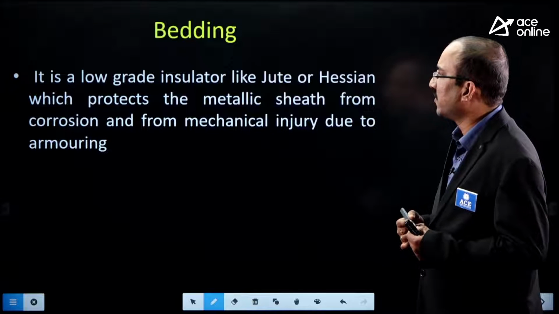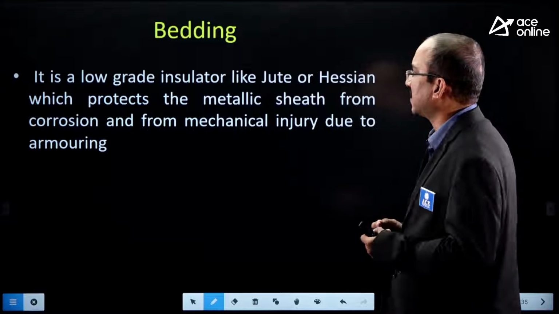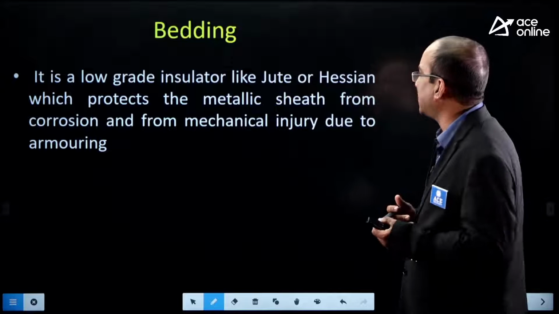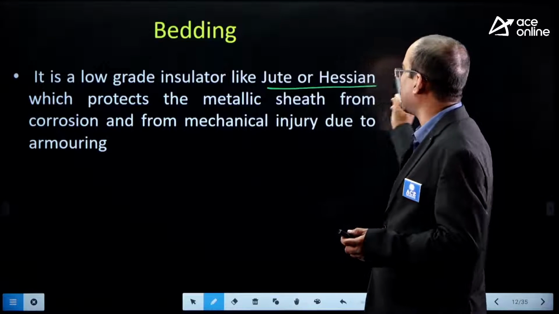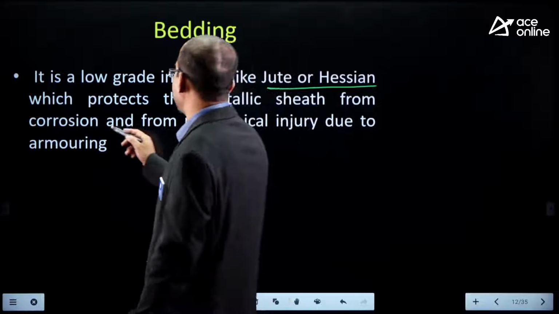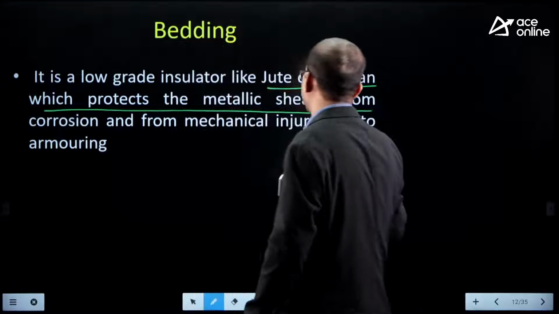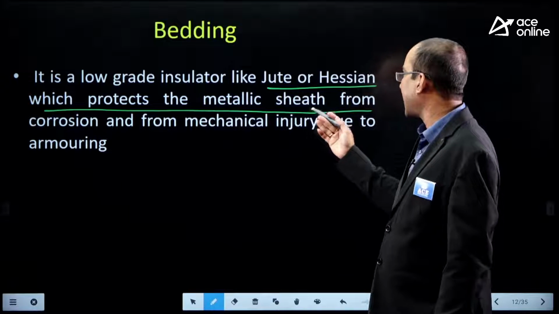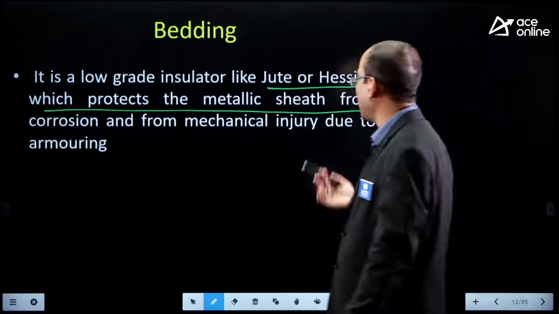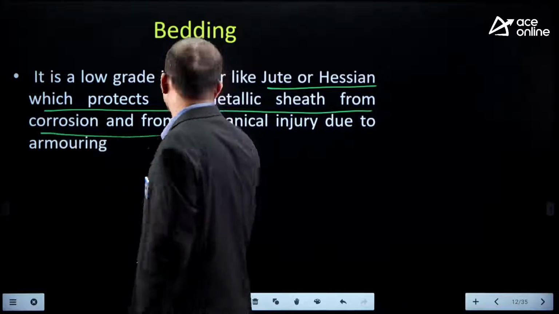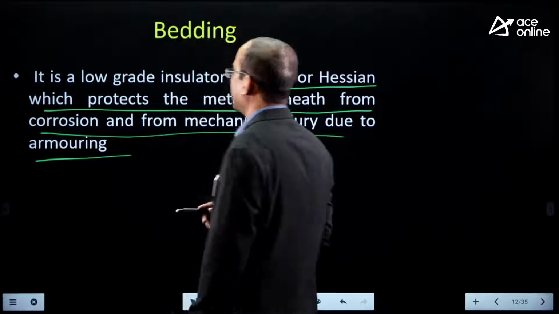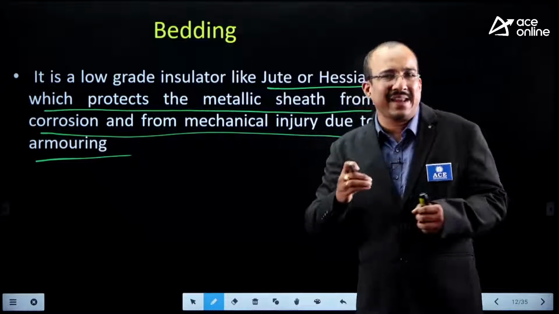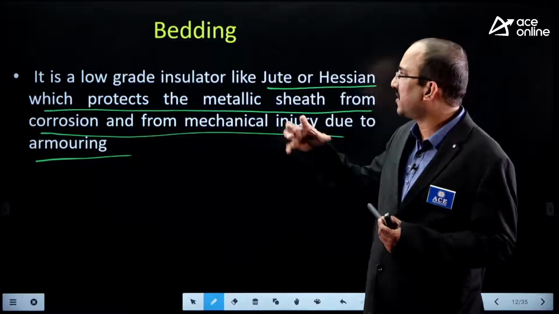Now let us go for bedding. What is its purpose? It is a low grade insulator, like a jute or hessian tape. Its purpose is to protect the metallic sheath from corrosion or any mechanical injury due to armoring. So to avoid the mechanical stress, it will reduce the stress.